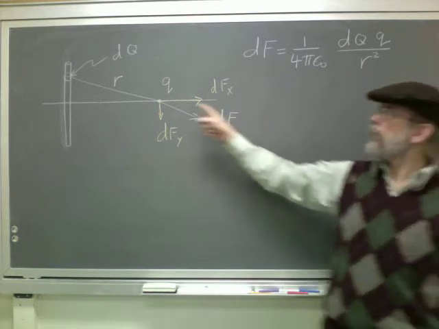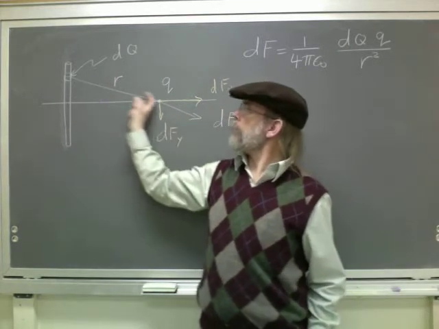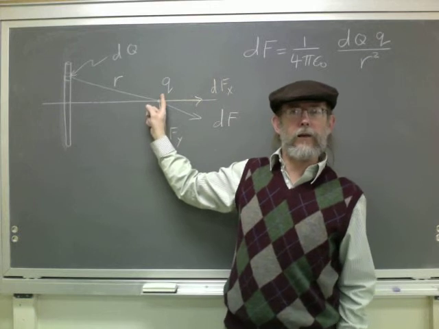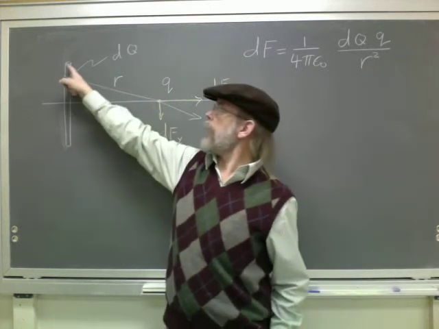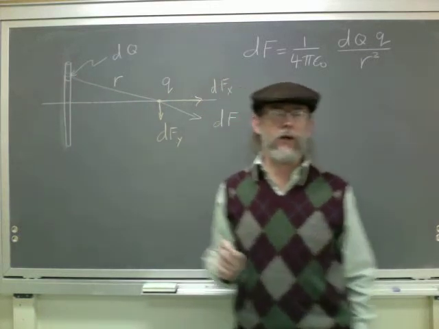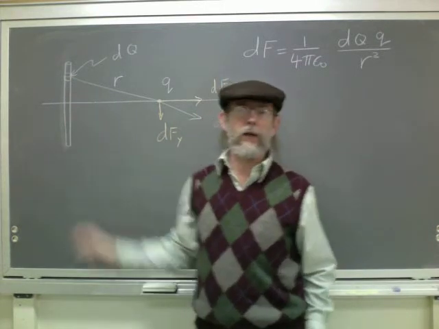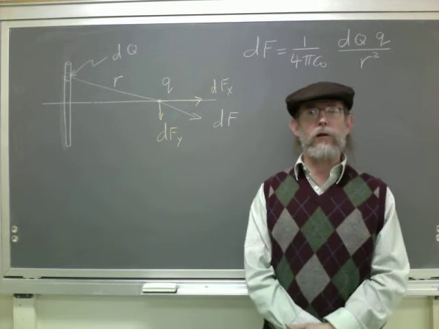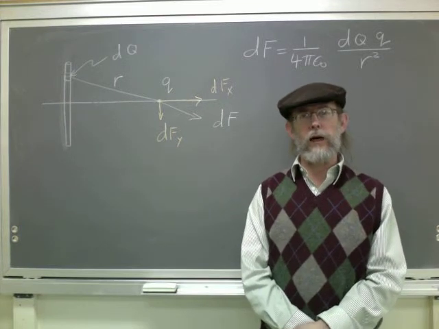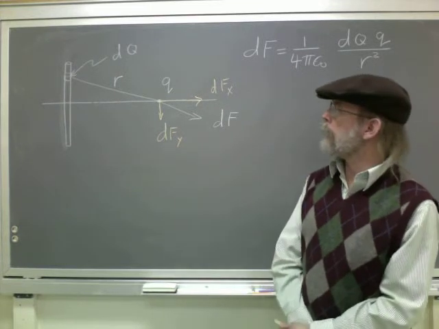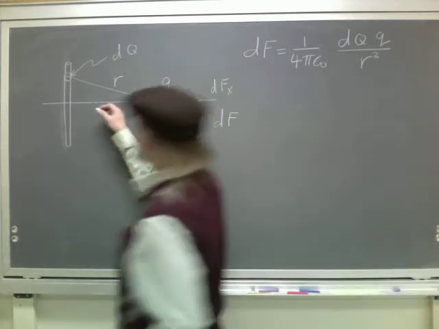Now r is the distance from here to here, and that distance will be changing as I move my little point charge up and down there. Well, when I move the little point charge up and down, I will need to have some kind of a parameter that tells me how high I've moved it, and we'll take that distance to be y.